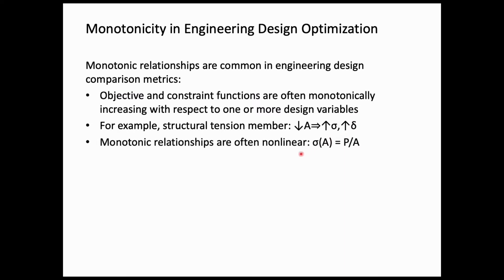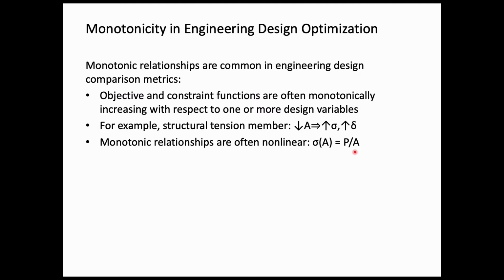Monotonic relationships are often nonlinear. For example, here, if we're looking at load divided by area and we're changing area, this is an inverse relationship. This is a highly nonlinear relationship. It is very easy to conceptualize monotonicity in terms of linear functions, and a lot of the simple examples we're looking at are going to involve linear functions.